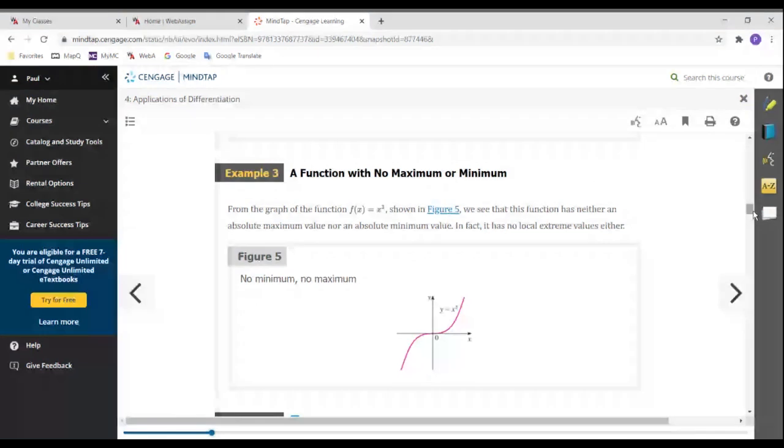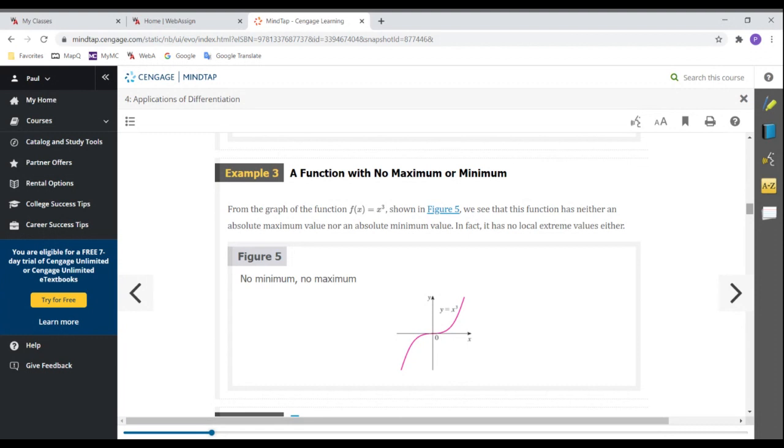Example 3, a function with no maximum or minimum. If you have y equals x cubed, that function will not have a maximum or a minimum. Even though when x equals 0 the tangent line to the curve is flat, the curve doesn't turn around.